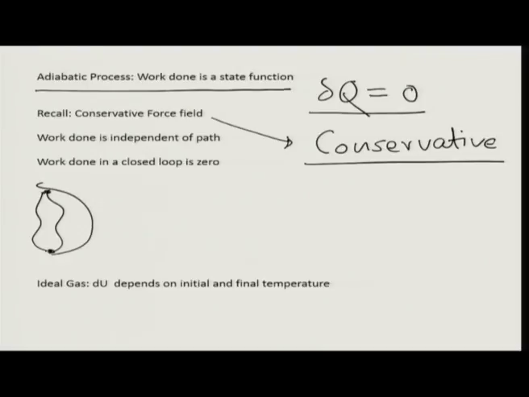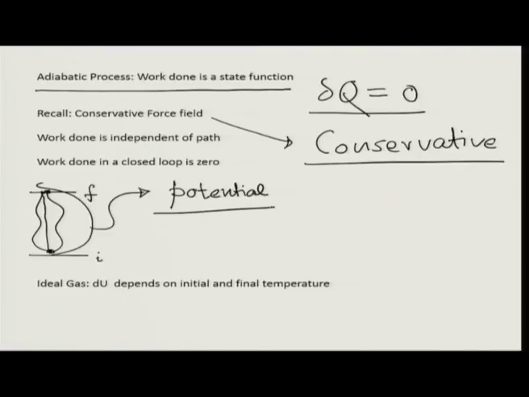Someone can take it just vertically upward, okay? But the work done in all the processes is the same, does not depend on the path, rather it depends upon the difference of one quantity in the final state and the initial state. That quantity I called potential in our mechanics course.